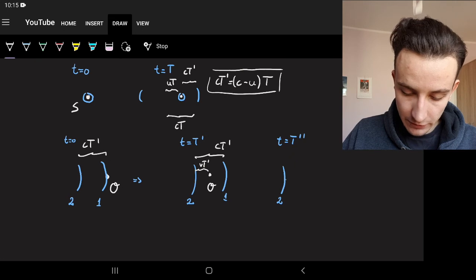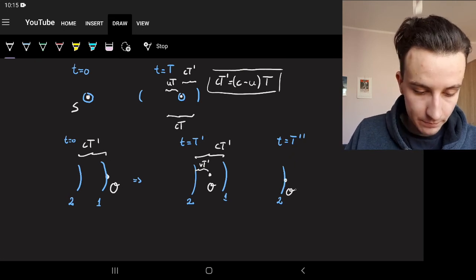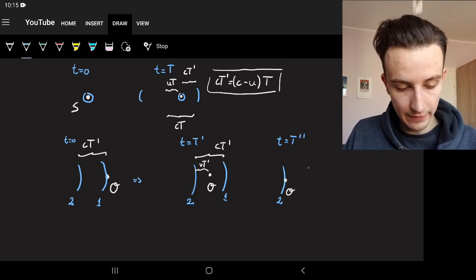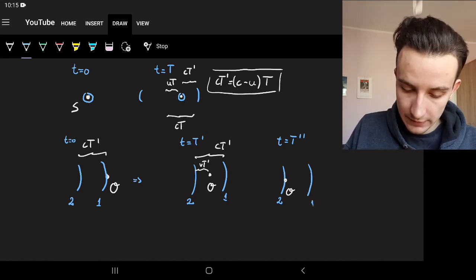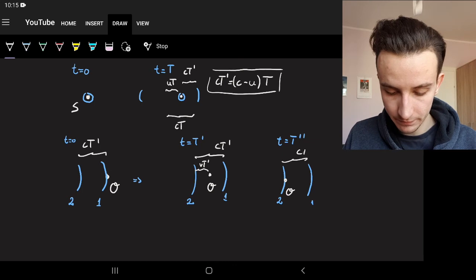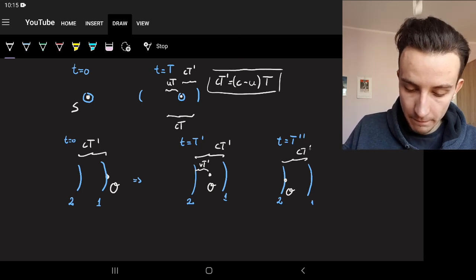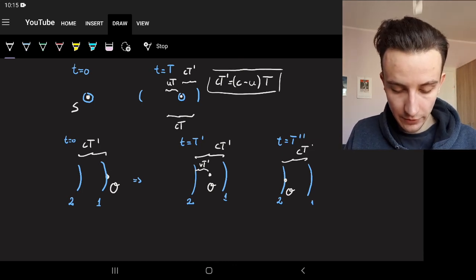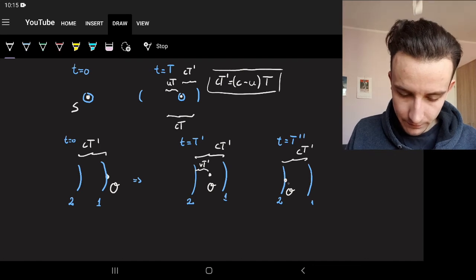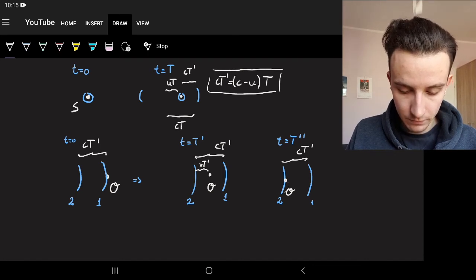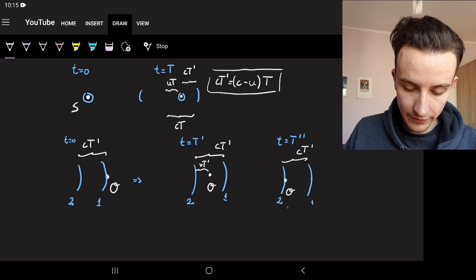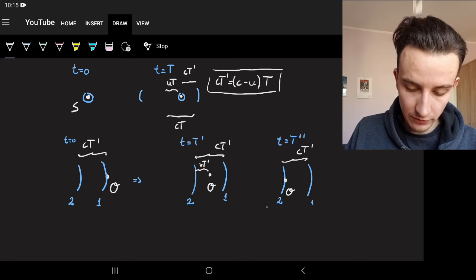All right, so the observer is finally caught up by the second wave. This is still CT prime. And now if we compare these two, we have that the observer has traveled VT second, right?